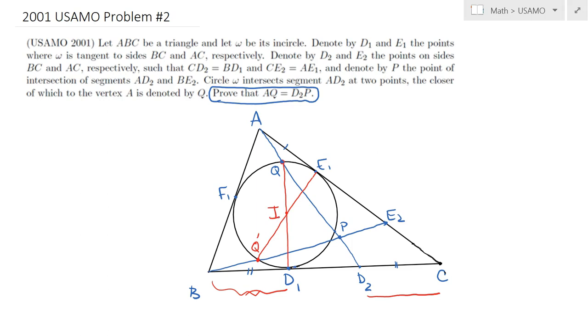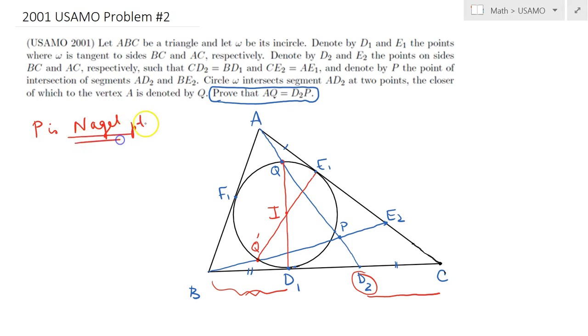An important observation is that D2 is the touch point of the A-excircle, which happens to be on the other side of BC, and similarly E2 is the touch point of the B-excircle. In fact, P as such is what we call the Nagel point.